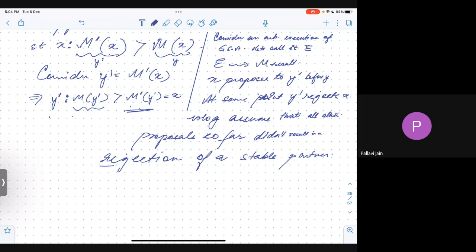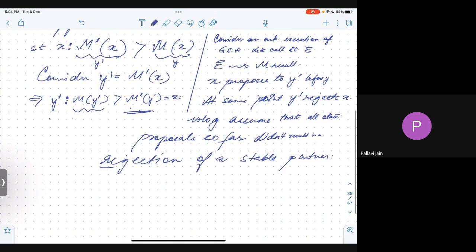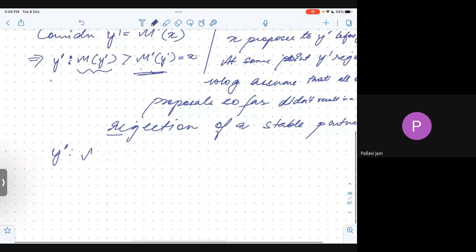Yes, these proofs are like this. They're not complicated, they're slippery. So from Y prime's perspective, let's look at what might be motivating Y prime.